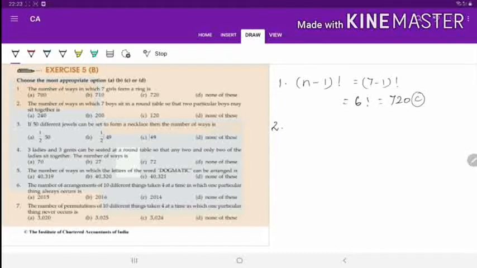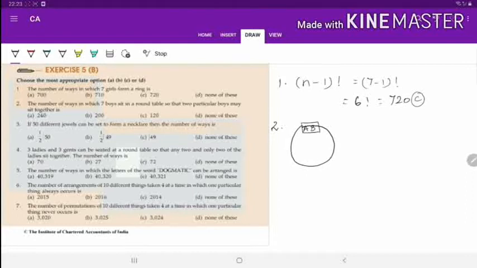The second question given here is: the number of ways in which 7 boys sit at a round table so that 2 particular boys may be sitting together is. This is again a circular permutation, in which A and B are the 2 boys sitting together.